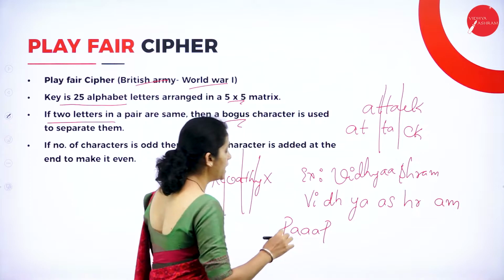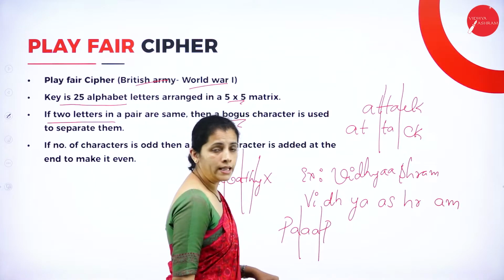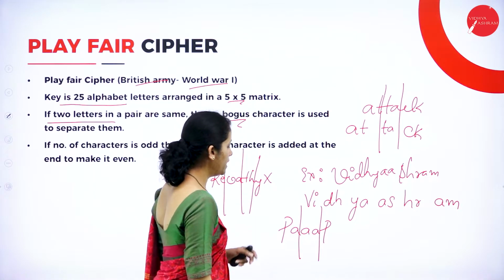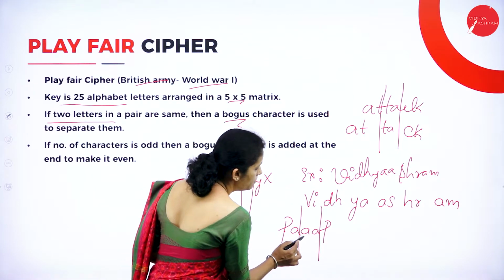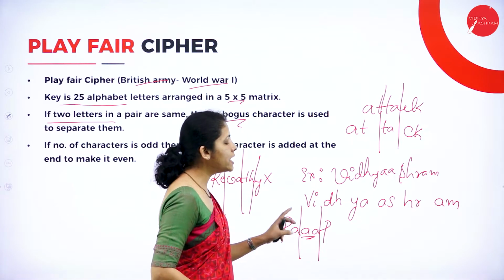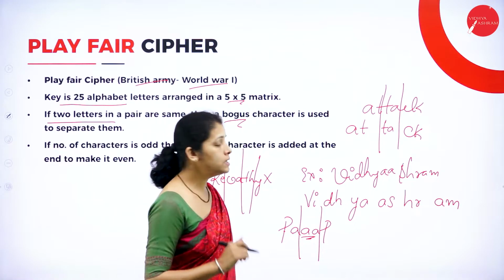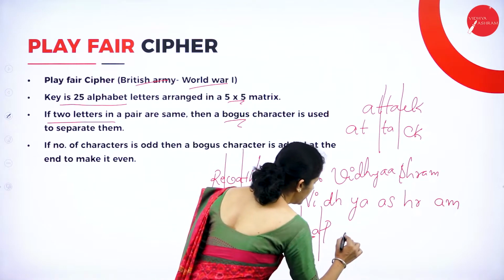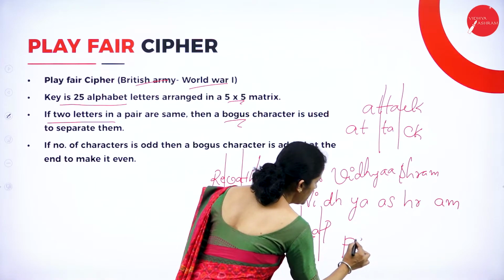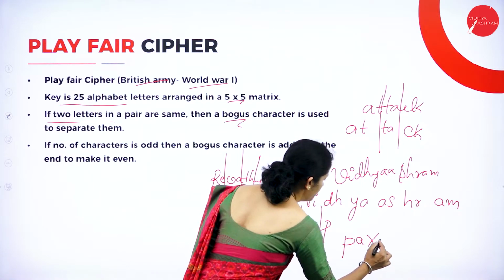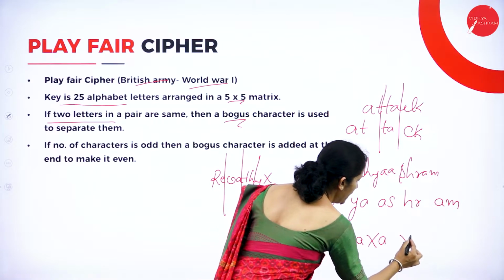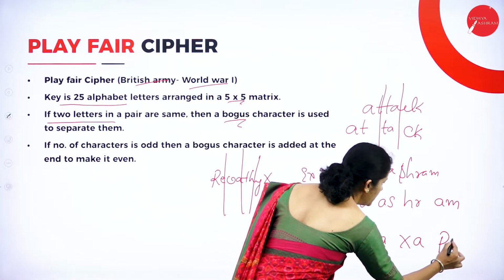There are certain times, for example, if I write PAAAP, okay, and if I divide this text, I'm going to get pairs. See here, it is P and A, but here I'm having the same letter. So what I want to do? I want to add a bogus letter or filler letter. So what I will do? P-A-X-A, then X-A and P-X.